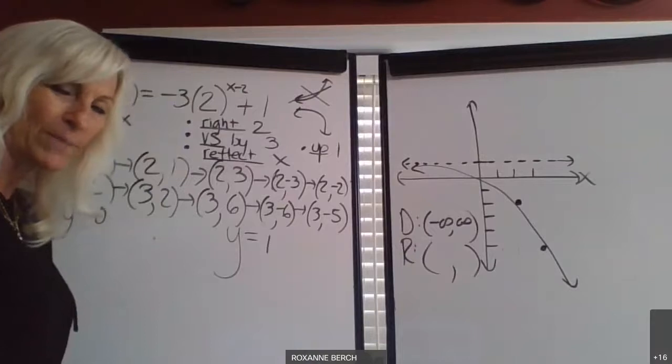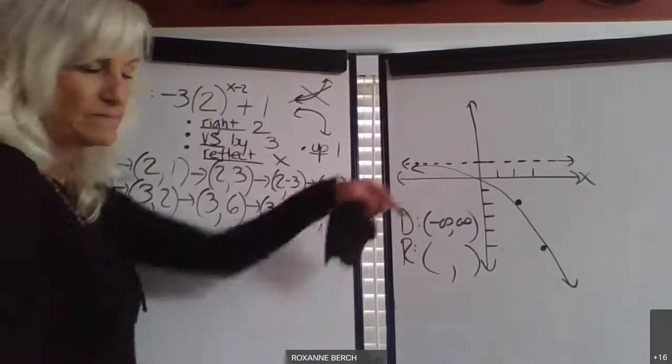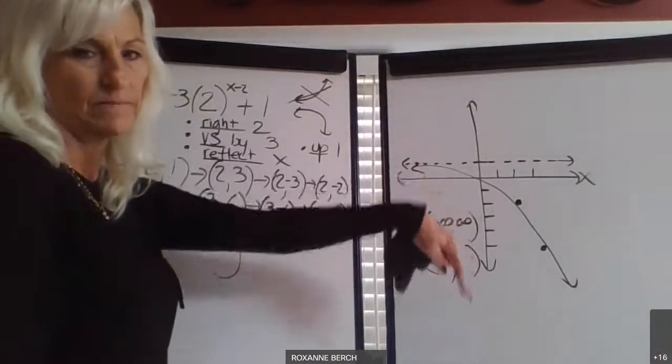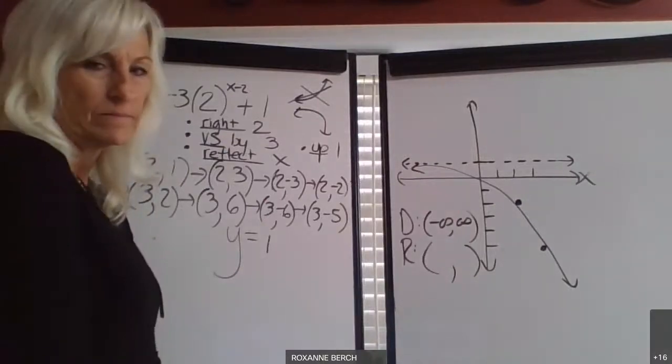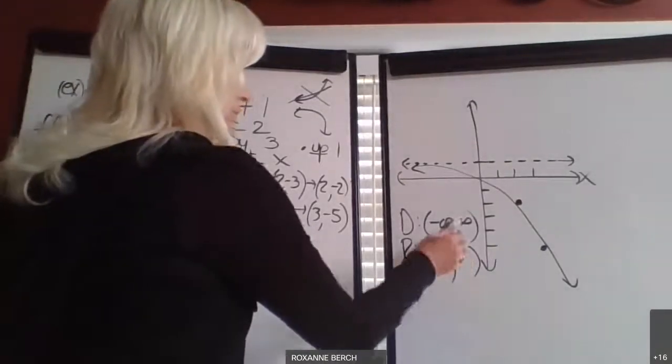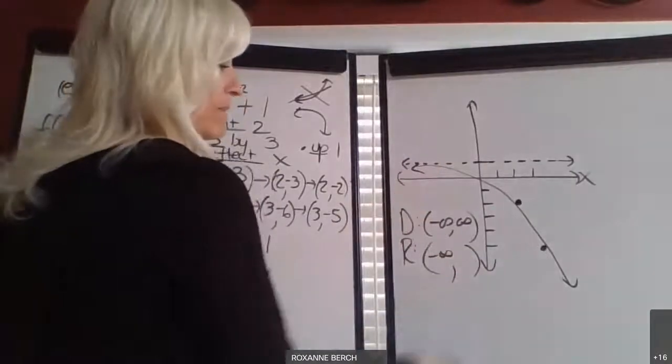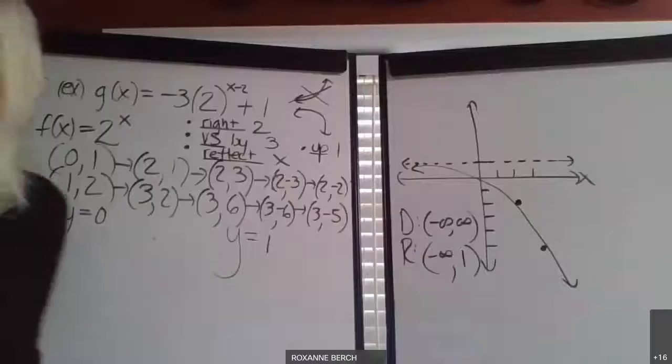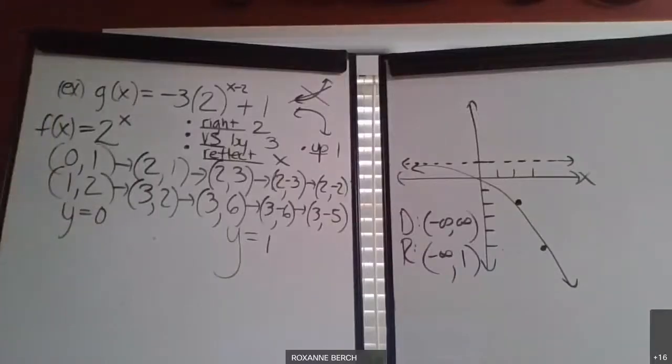So who's the smaller number? Negative infinity. Up to what? Positive 1. Right, open.